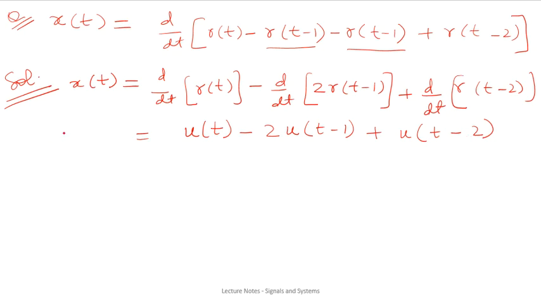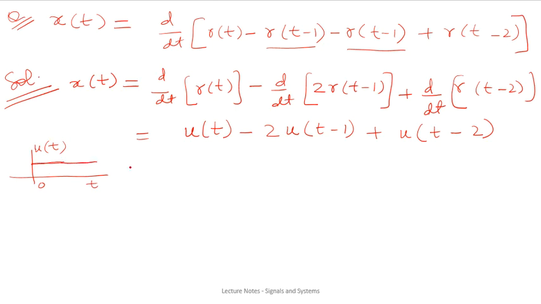Now there are three parts in this problem. First you have to plot u(t). So this will be u(t), a straight line, something like this.